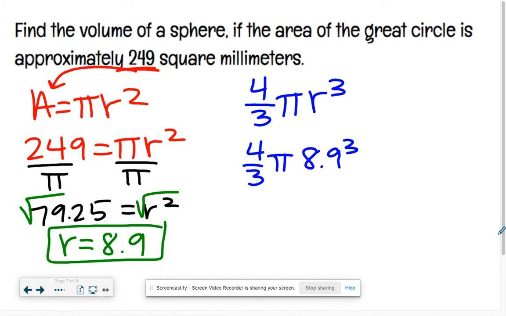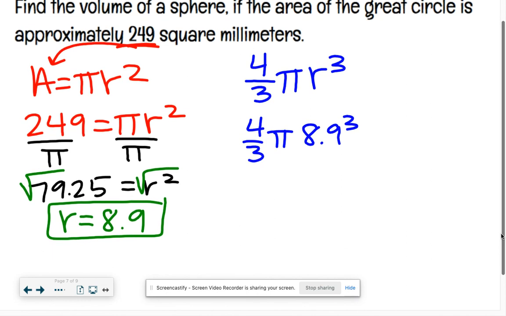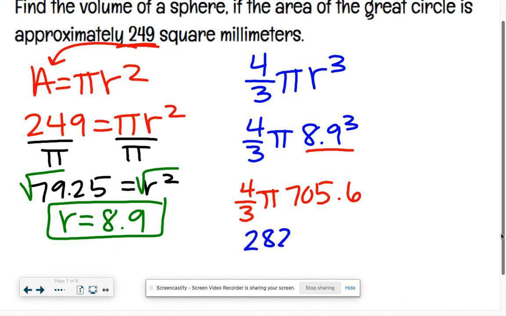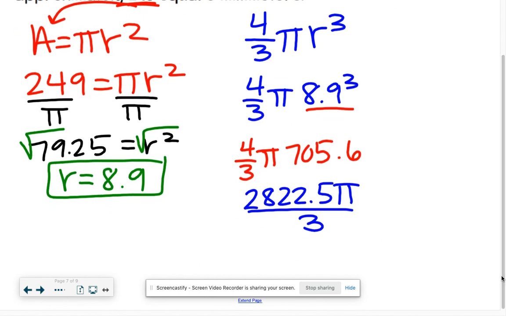Again, you do as much as you're comfortable with typing in your calculator or phone. I'll break it down how I would do it. I'm going to take 8.9 cubed, which is approximately 705.6. And now I'm going to take 4 times that 705.6 and get 2,822.5 pi all over 3. Running out of space per usual.